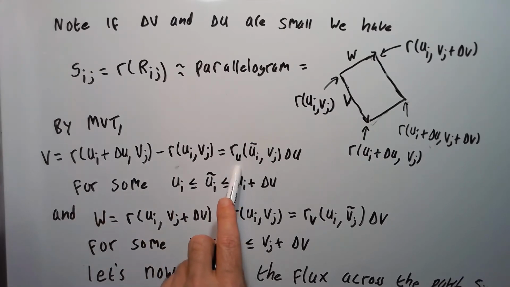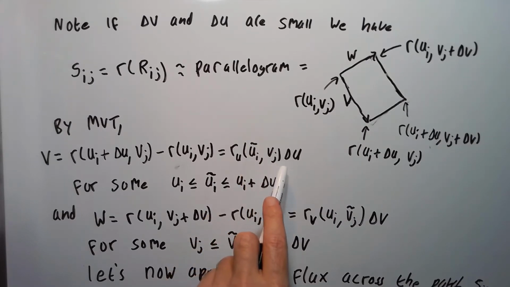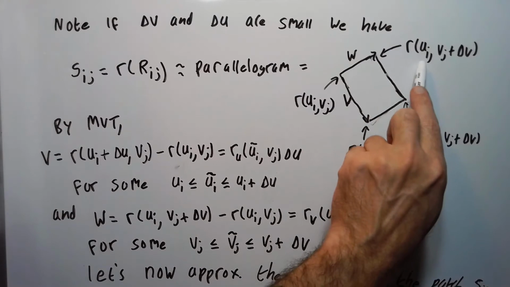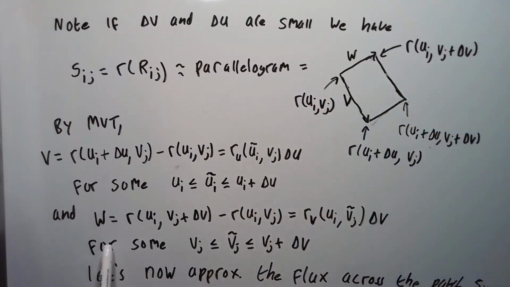So it'll be the derivative with respect to U, at UI tilde, Vj, times my delta U, for some UI tilde between UI and UI plus delta U. Do the same with W. W is going to be R of UI, Vj plus delta V, minus this one. You can apply the mean value theorem for this. Here the U's are constant, it's the V's that are changing. So it'll be the derivative with respect to V, at Vj tilde, times delta V.